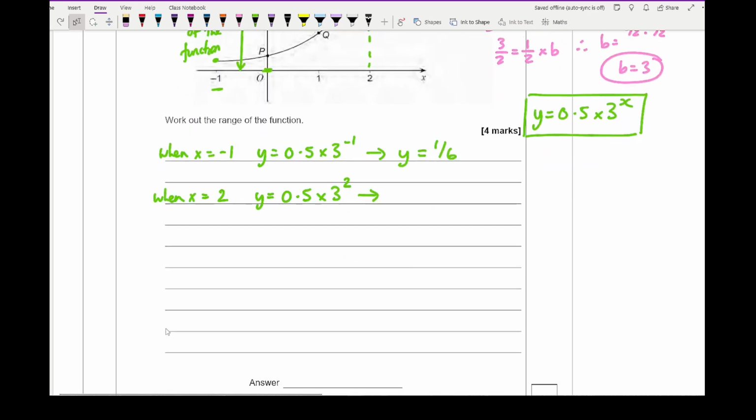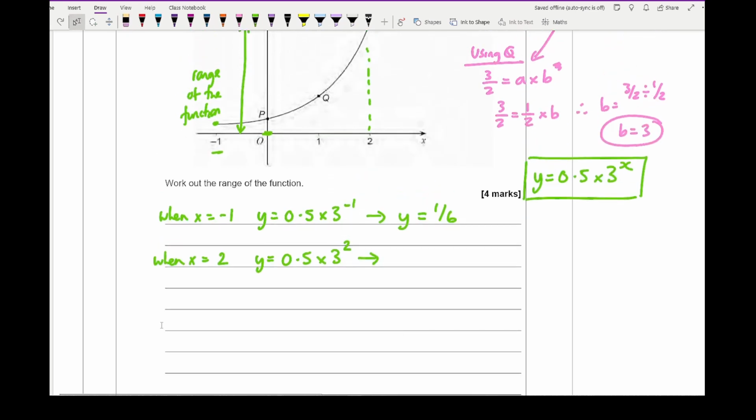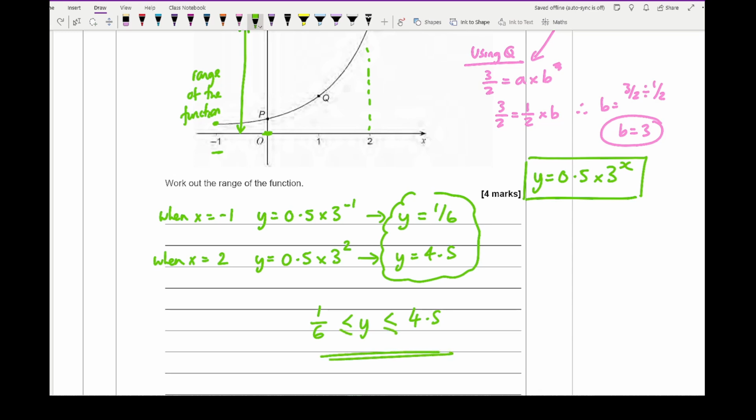Typing that into my calculator, I get a y value of 4.5, and this is my range. So the range is between a sixth and 4.5, and it can equal those numbers, so we put our equal signs, and there is my answer. Now instead of writing y, just remember that we're writing g of x because that's what it's asked us to find.